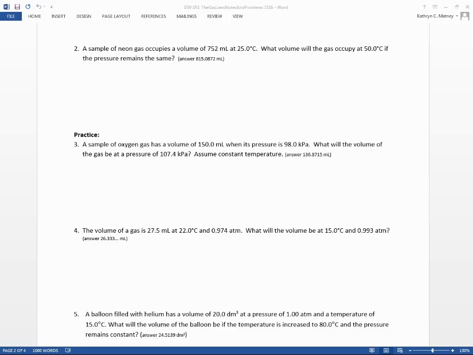Everything on the bottom you must hit divided by each time. Otherwise you have to deal with parentheses, and that's not a lot of fun when you know how to do that. All right, you get a final answer of 815.087. So 815.087 is my V2, but let's round it to sig figs and give it its units.